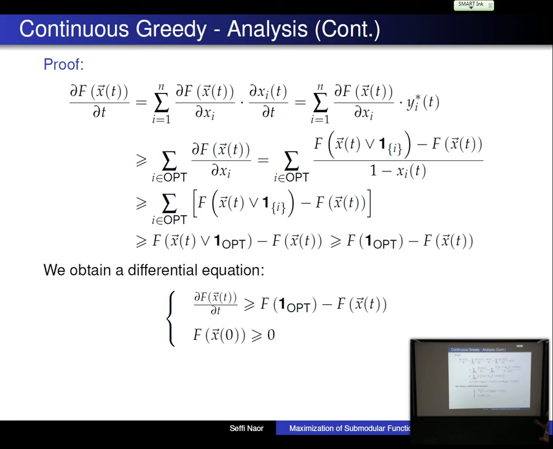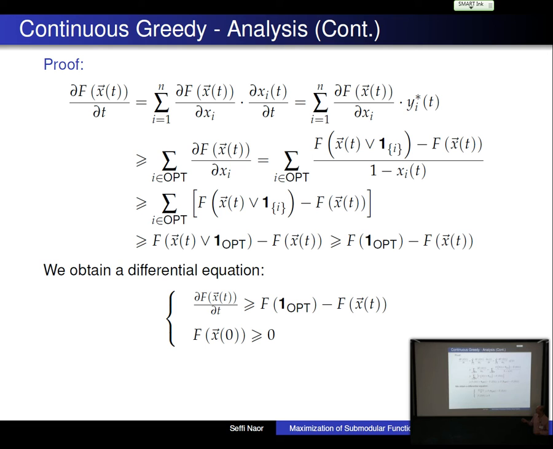And here I'm using monotonicity, and I know that the value of my function at point x of t is at least as good as when taking the max of x and the optimal solution. And I can also get rid of the denominator because of monotonicity. And in this step, f is inside the sum when summing up over all indices i.